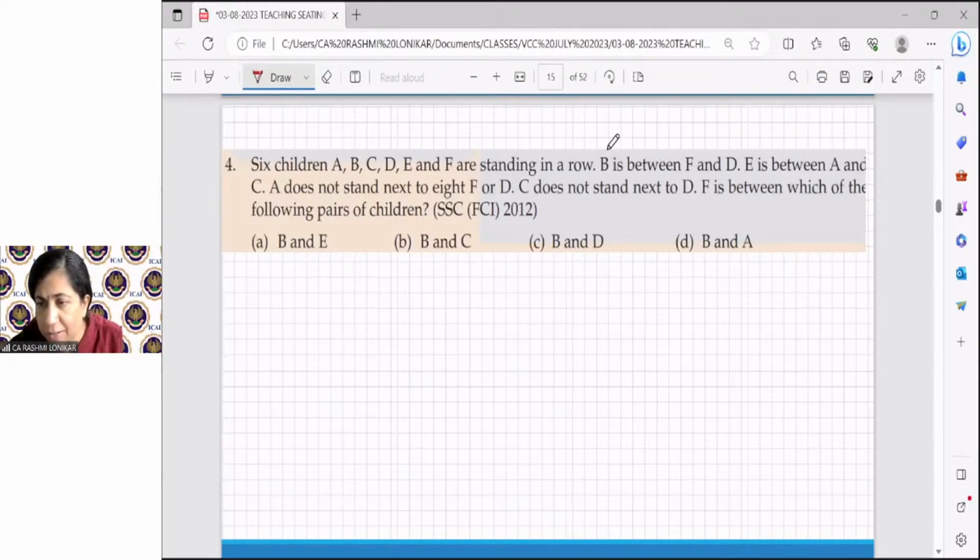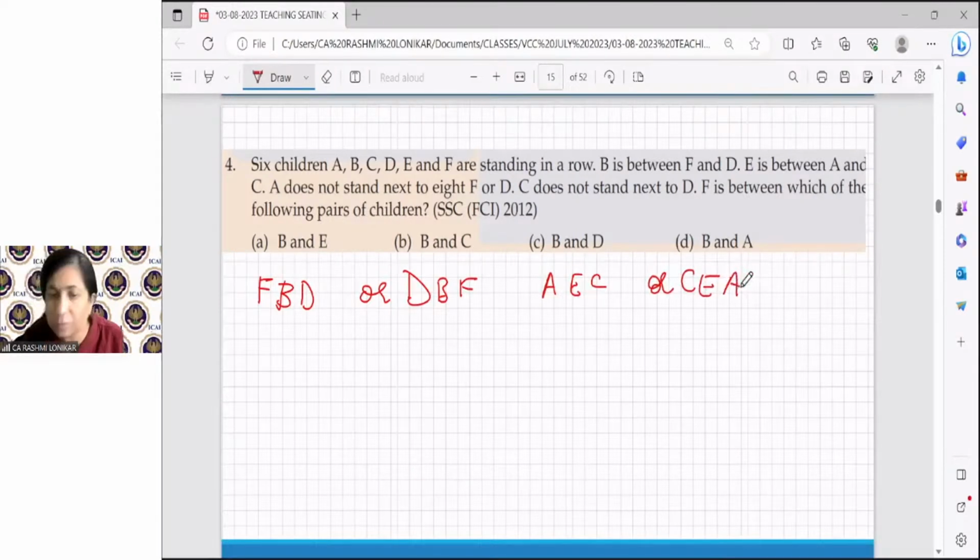B is between F and D. So we can have F, B, D or D, B, F. E is between A and C. So A, E, C or C, E, A. A does not stand next to either F or D.